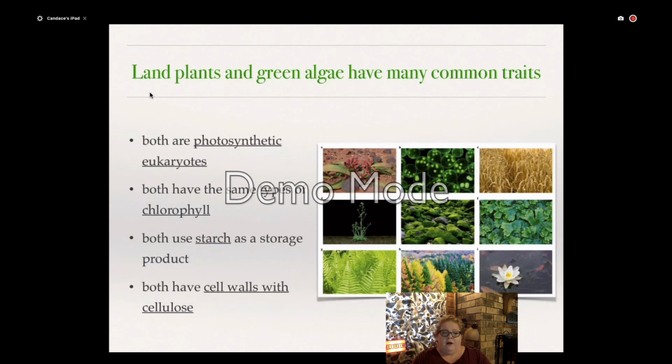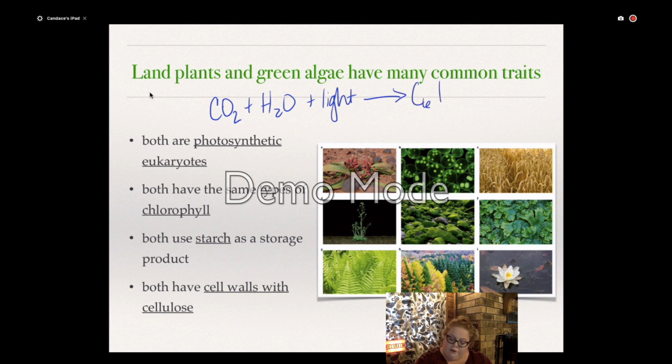All right, so before we talk about the differences, there are some similarities between algae and plants. And so those are listed here. They're eukaryotic, so they have a nucleus, and they undergo photosynthesis. So if you'll recall, photosynthesis is where we have this formula: carbon dioxide and water and light energy yields glucose and oxygen.